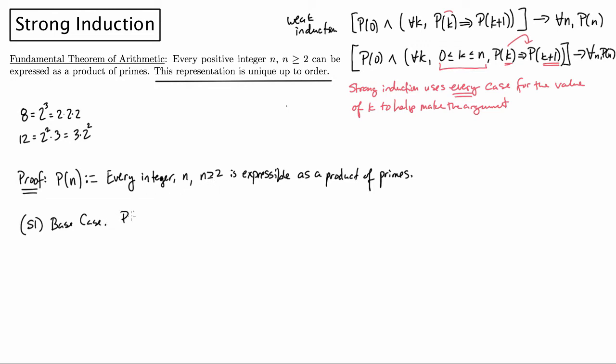So P(2): I can express the integer 2, when n is 2, the prime factorization of that is equal to 2, and this is true because 2 is prime. So I know I'm okay there. 2 works.